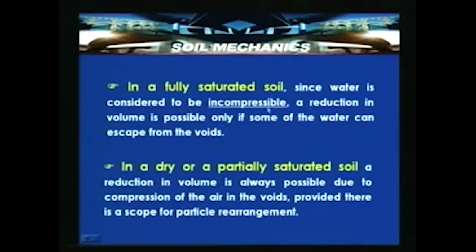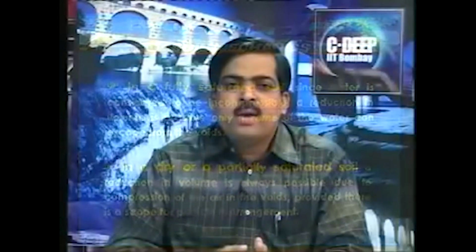So, in a fully saturated soil, since water is considered to be incompressible, a change in volume is only possible when there is a scope for the water to drain out of the soil mass.